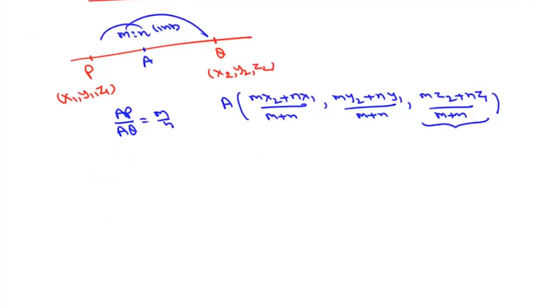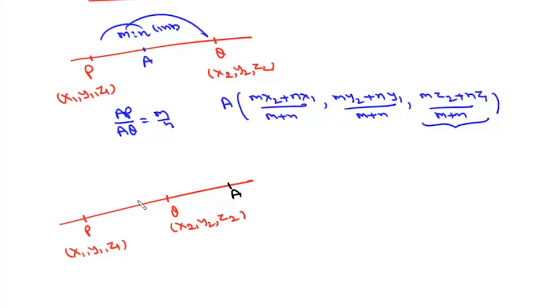suppose we have 2 points P and Q again. Now this is P, (x1, y1, z1), and Q is (x2, y2, z2). And then we have a point A which divides P and Q in the ratio m is to n externally. That means now this point A lies outside of this line segment PQ. Now in this case AP upon AQ is again m is to n.